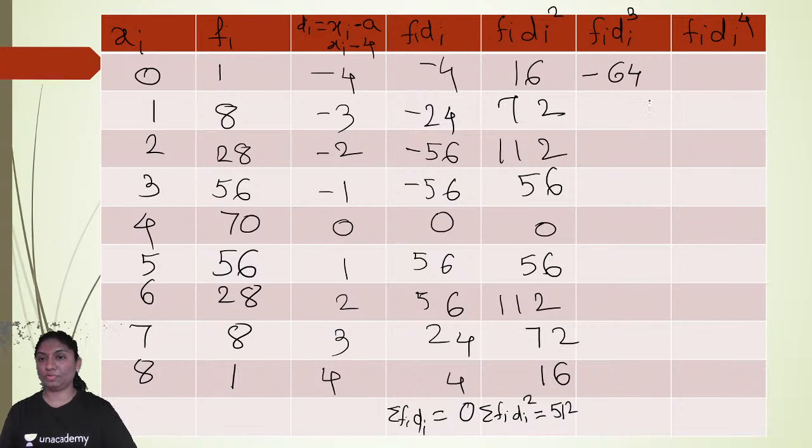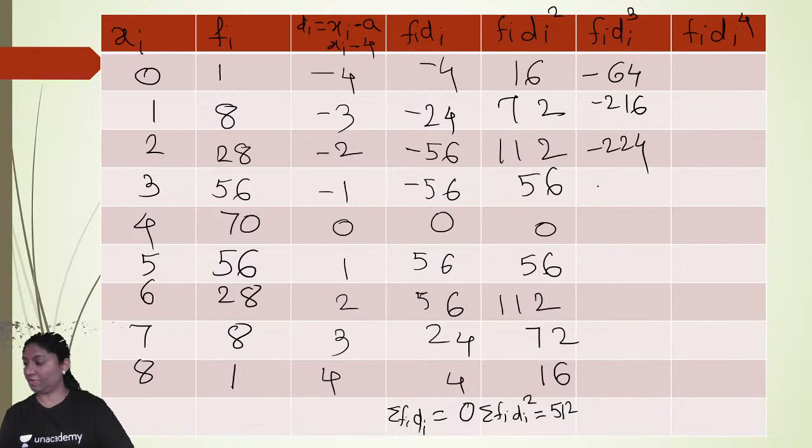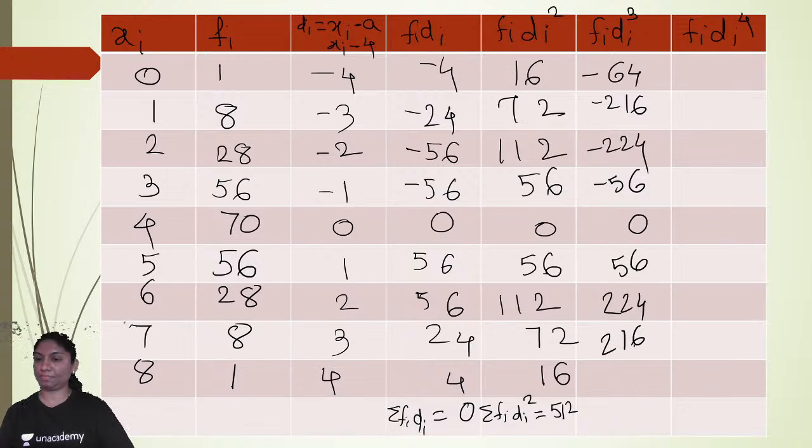So the cubes you will get: minus 64, minus 216, minus 224. You can cross verify it, every value you can cross verify. Plus 56, 224, then 216, then 64. We will get summation of fi di cube is equal to 0.